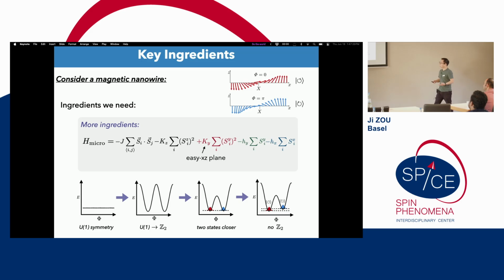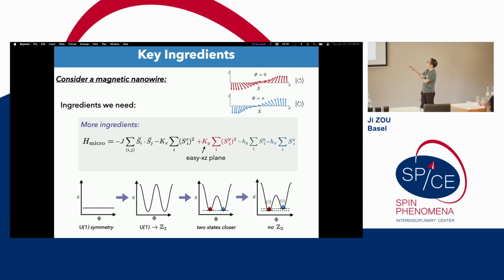And of course, we need to add more ingredients. As I just said, if we have only these two terms and plot the energy of the domain wall as a function of the azimuth angle phi, it would be a flat line because of the U(1) symmetry. Then we add this easy-plane anisotropy. Because of this term, physically all the spins would like to stay within the xz plane.